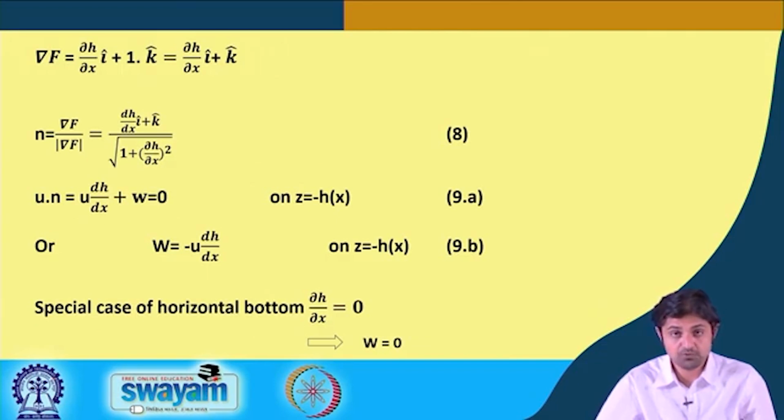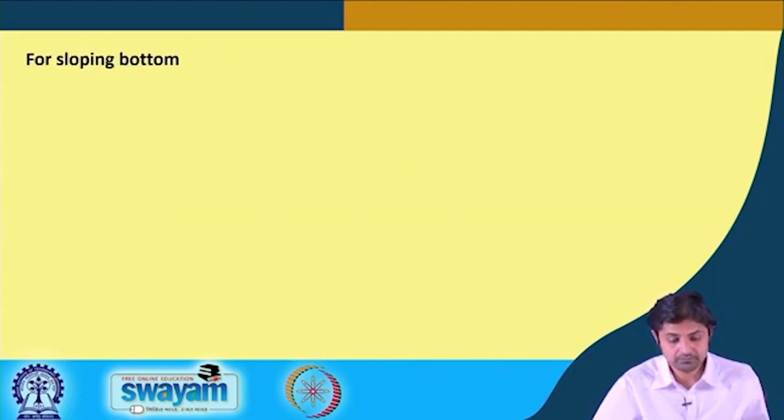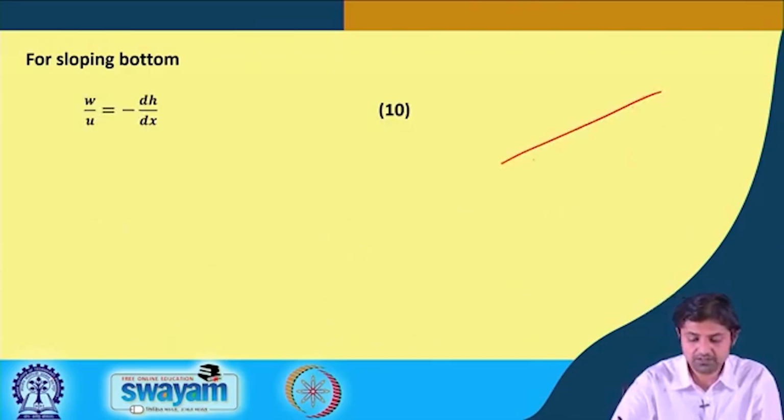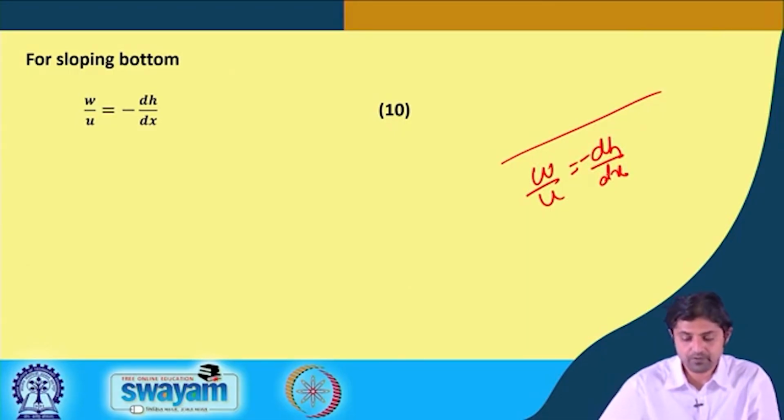So we have now proved at the boundary w is equal to 0 using the bottom boundary condition, and we have derived everything from the basics of the boundary condition. Now if we have a sloping bottom, we can simply write w by u is equal to minus dh dx. Very simple.